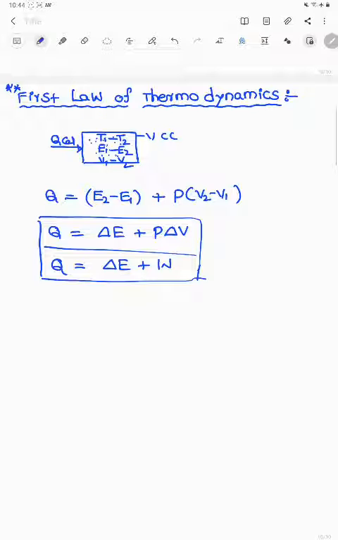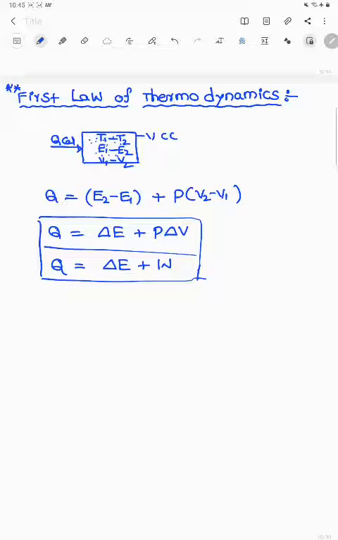Its internal energy is E1, volume is V1. When Q calories of energy is supplied, the temperature increases from T1 to T2 degree centigrade, internal energy increases from E1 to E2, and volume increases from V1 to V2.